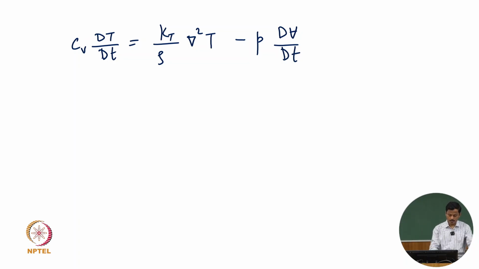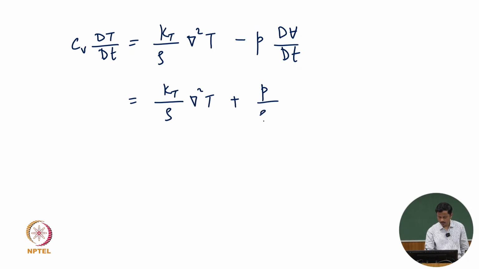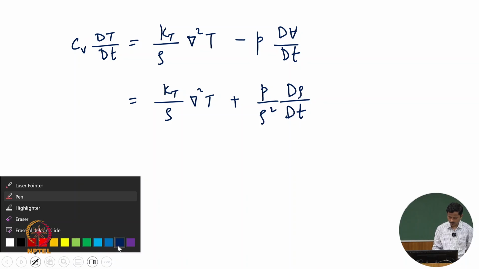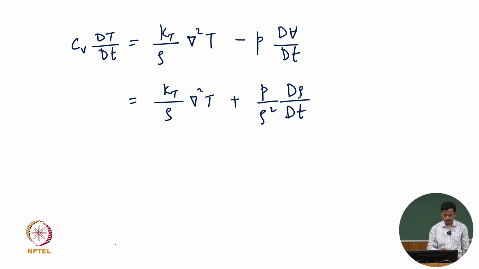Fine, this is the mathematical form of the first law of thermodynamics. This is equal to kT by rho del square T plus P by rho squared d rho dt. Now we will use the continuity equation.